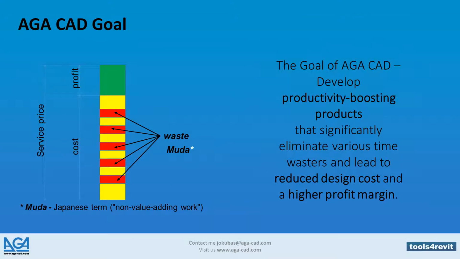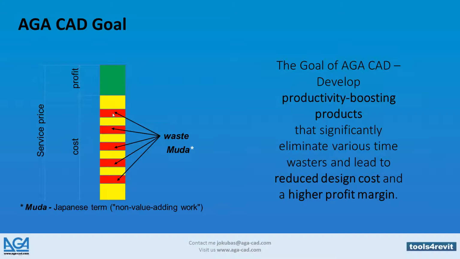The goal of AGA-CAD is to develop productivity boosting products that significantly eliminate various time wasters and lead to reduced design cost and a higher profit margin. On the left side you can see a diagram of a service price. The green color shows the profit, and the red and yellow show the cost of our work.